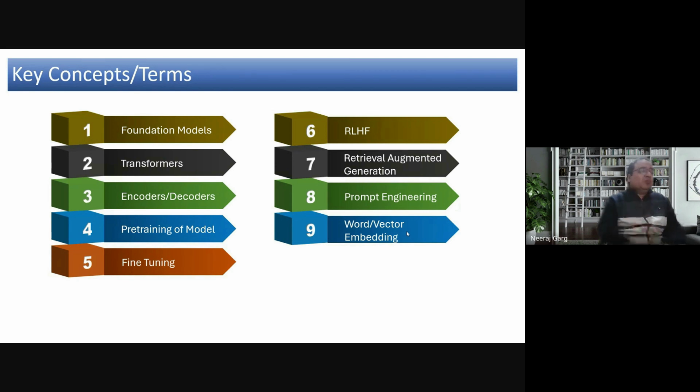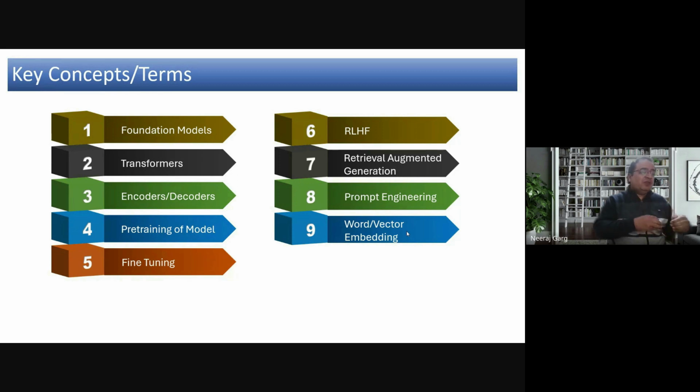And you might have heard about vector databases these days. Earlier, RDBMS and NoSQL were there, but nowadays databases like MongoDB and PostgreSQL have also started developing the capability to store vector embeddings.